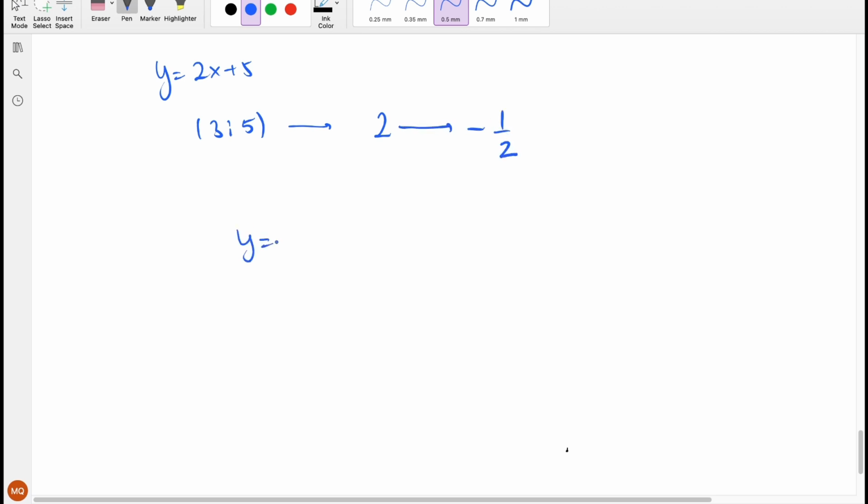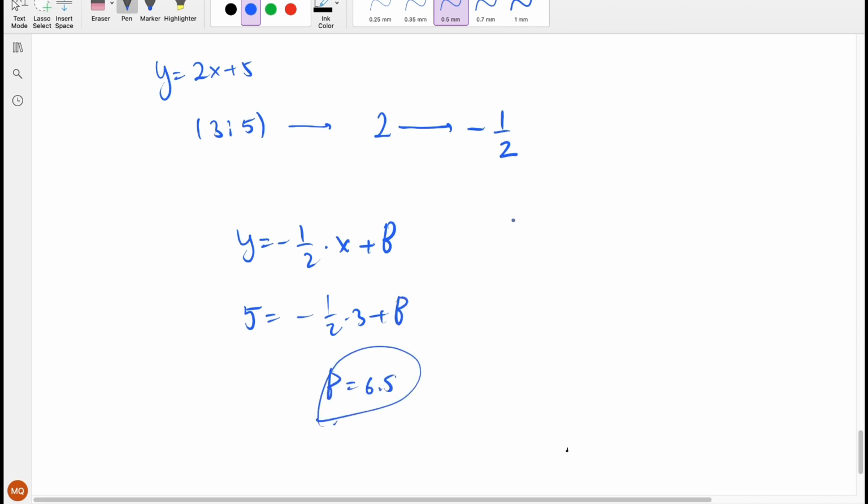So it is y is equal to negative 1 over 2 multiplied by x plus b. Y is 5, equal to negative 1 over 2 multiplied by 3 plus b, and b is equal to 6.5. So after that we can say that y is equal to negative 0.5x plus 6.5, and it's our second line.